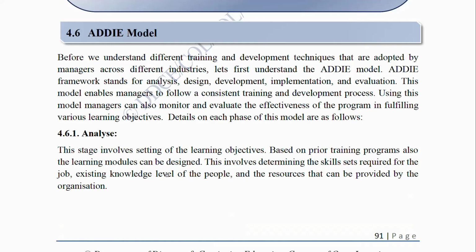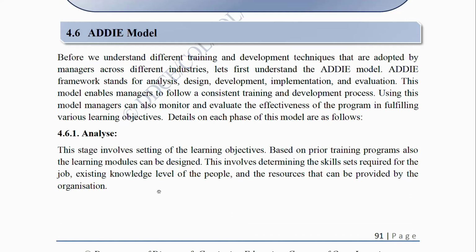This model enables managers to follow a consistent training and development process. Using this model, managers can also monitor and evaluate the effectiveness of the program in fulfilling various learning objectives. Details on each phase of this model are as follows.